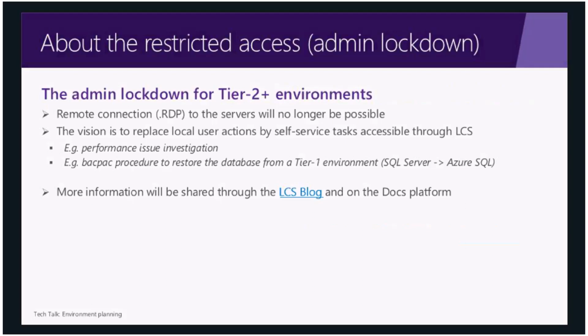The examples here are basically performance issues when you're trying to investigate, or the backpack procedure to restore database from SQL Server to Azure SQL, so from a Tier 1 to a Tier 2 or higher. As soon as we get more details on the lockdown for the Tier 2 and higher, we'll put that in the LCS blog, and also in the upcoming articles we'll have on environment planning.